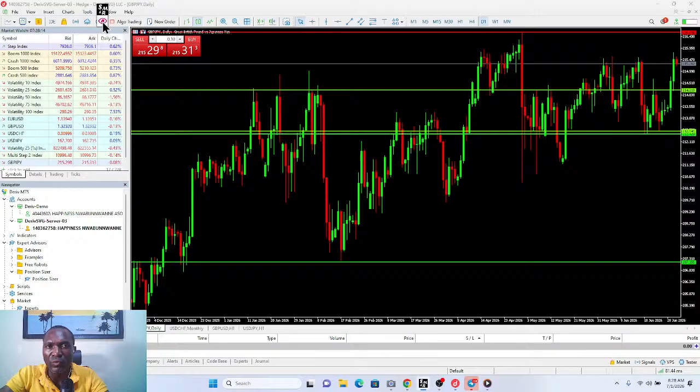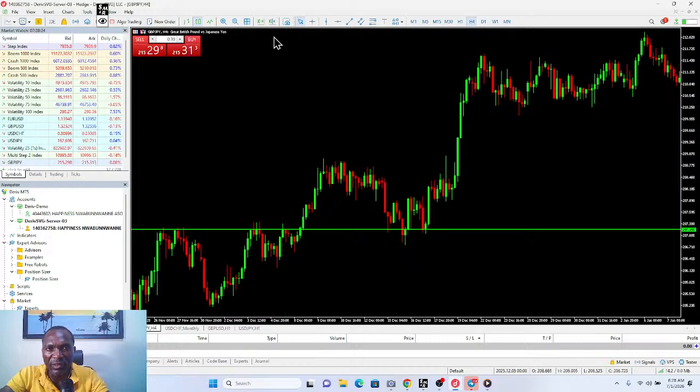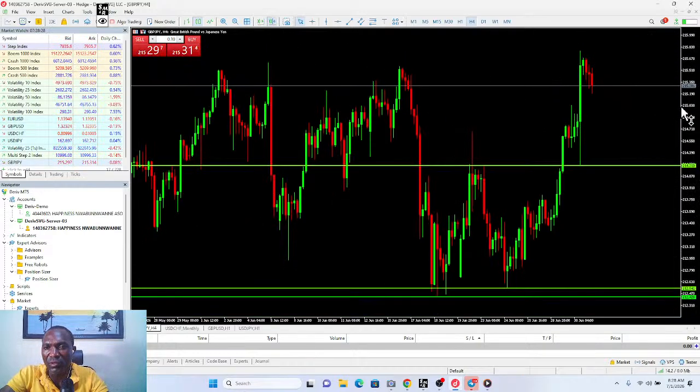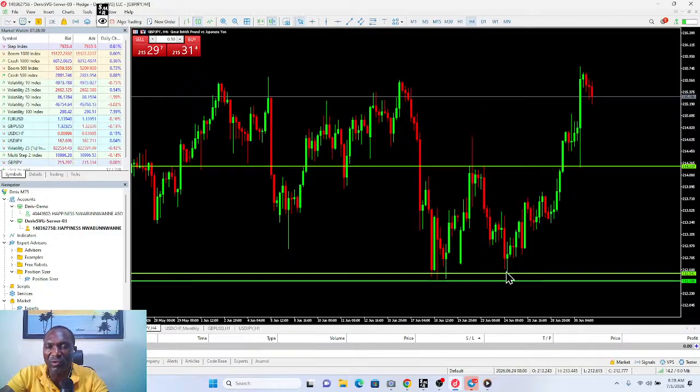Okay, so good. We are in agreement that the market is still an uptrend, but the problem is this is red. Now move on to the lower time frame, which should be this. Now you can see that there's already an uptrend, and I will explain that.